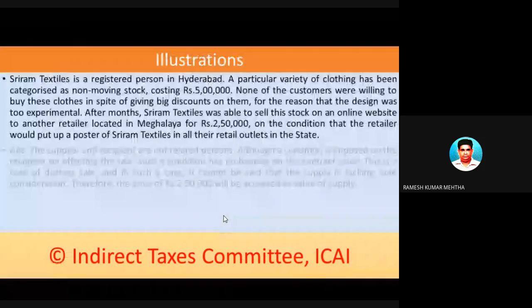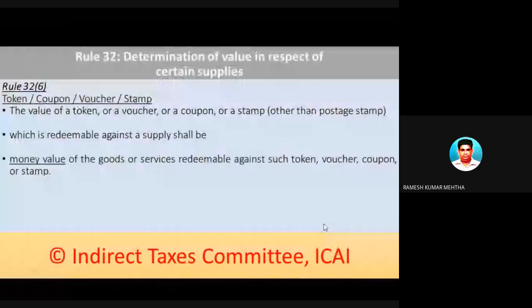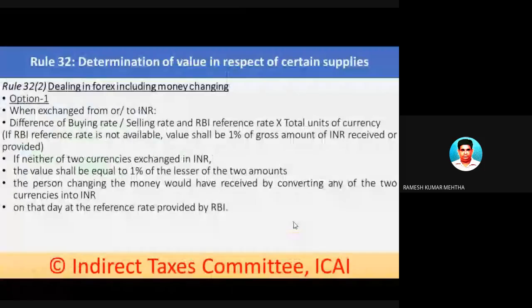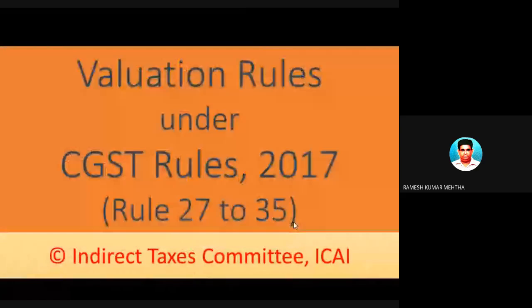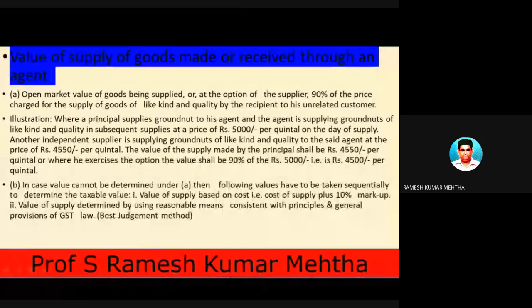Let's take a problem on valuation of goods which are sold through a third party, which is an agent. Now let's go through the problem. A principal supplies groundnut to his agent, and the agent is supplying groundnuts of like kind and quality in subsequent supplies at a price of 5,000 rupees per quintal on the day of supply to the final customer.